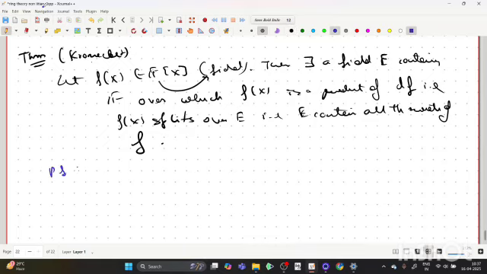Proof: we induct on the degree of f. If the degree of f is 1, then f is linear, so it's already linear.